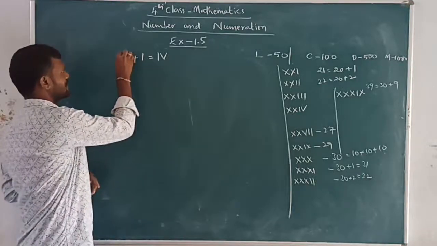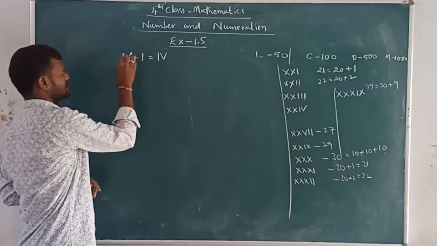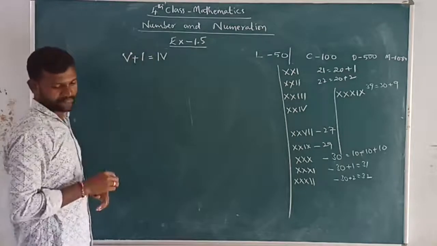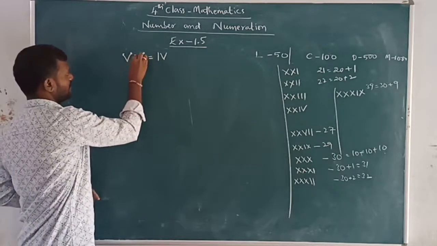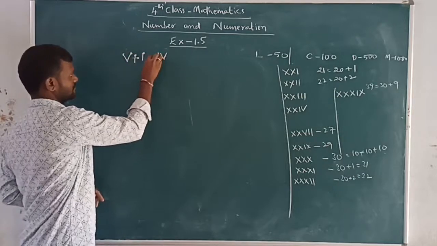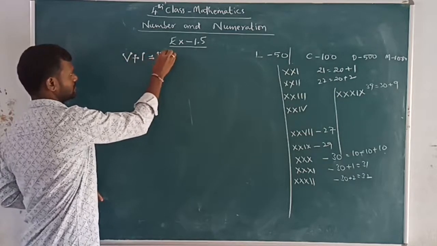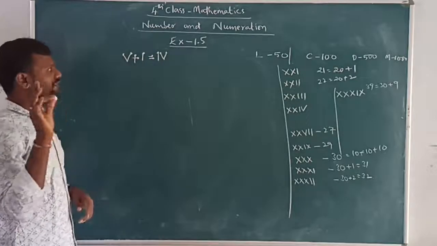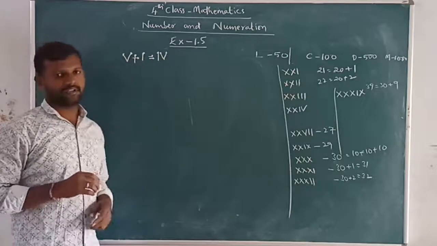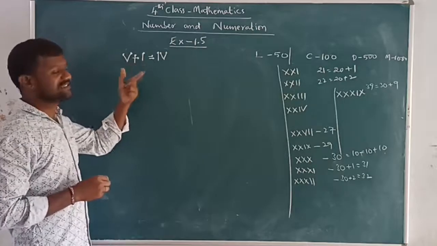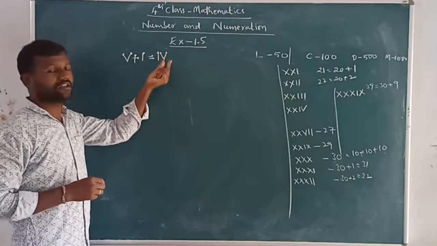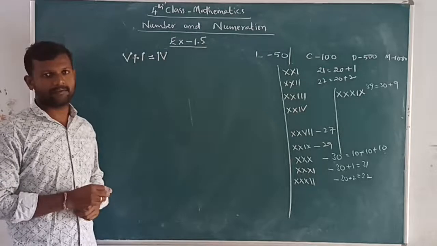These are matchsticks. This is one matchstick, this is the second one, and this is the third one. Fourth, fifth. These are matchsticks like this. By moving only one matchstick, we have to correct this equation. Actually, 5 plus 1 is how much? 6. But what is given here? 4. How can we correct this one?